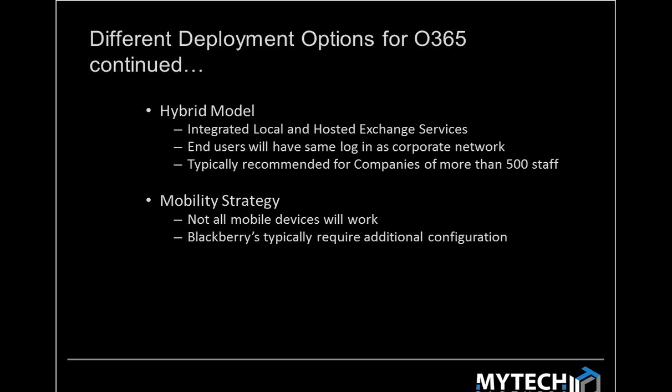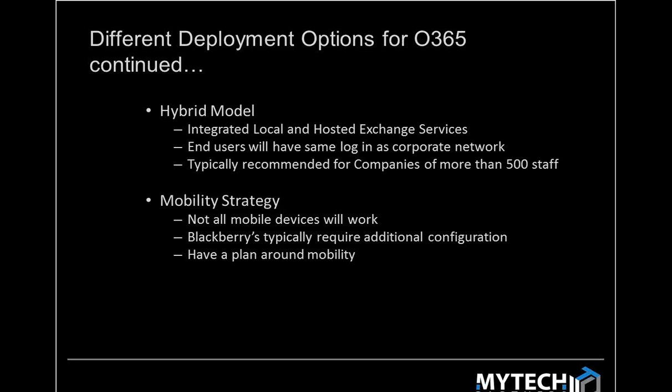The one nice thing about Office 365 is that it is a free service included in all of their plans. It does require additional configuration, but there is no additional cost for it. I know there are not a lot of people nowadays really using BlackBerries, but you do need to plan your deployment around what you're using for a mobile strategy.